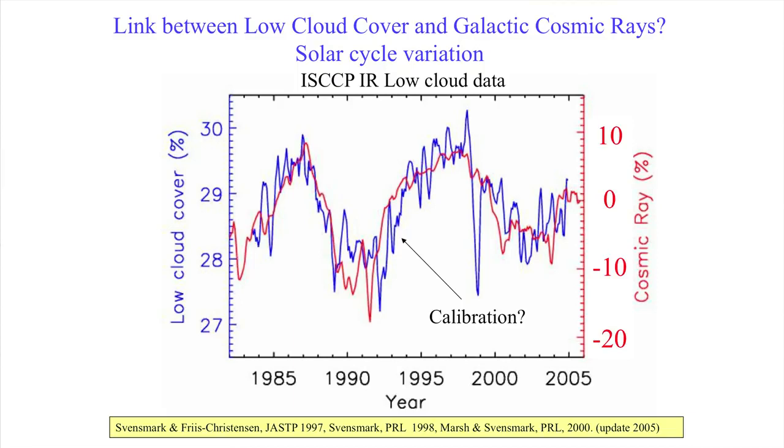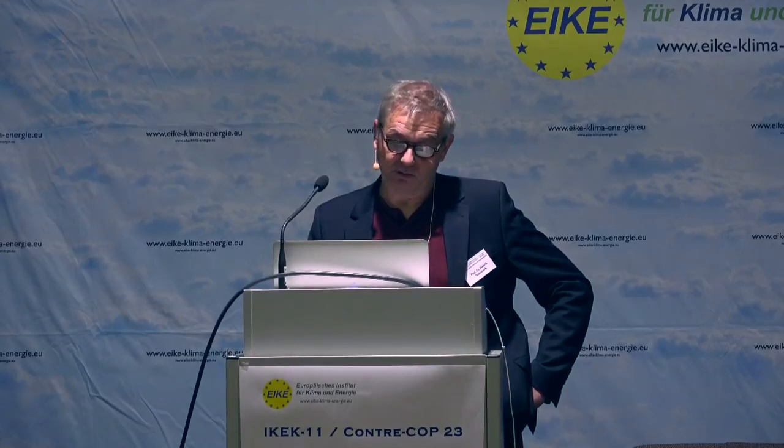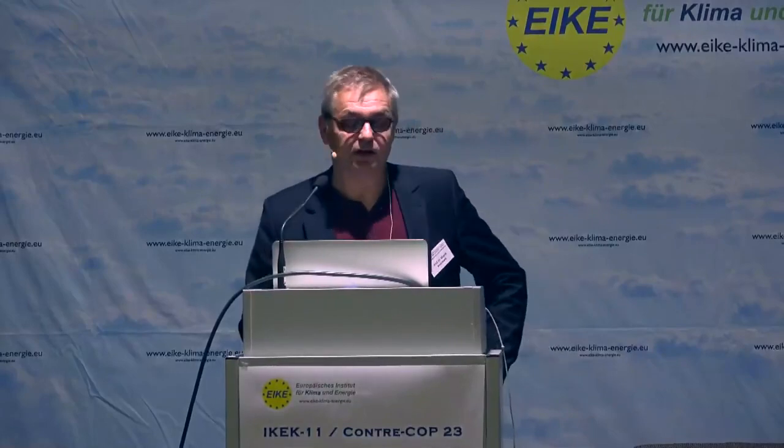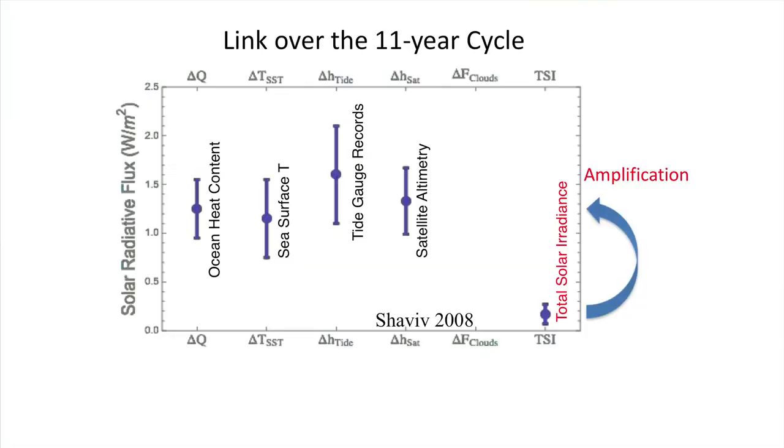Nonetheless, if this reflects some truth, that we have these variations, then they are on the order of 1 to 2% changes in the cloud or low cloud cover. It means that the effect is on the order of 1 watt.